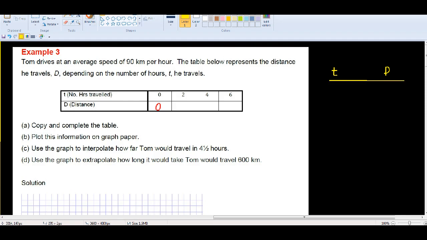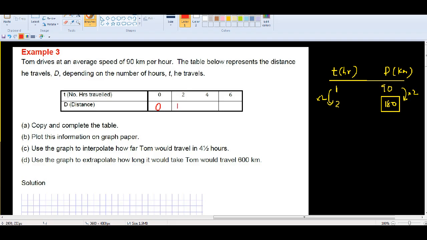The question tells us if we have 1 hour, you travel 90 km. If that's 2, what happens? You're looking for this one. If that's 2, that means times 2, and you have to times 2 on this side, so it becomes 180.